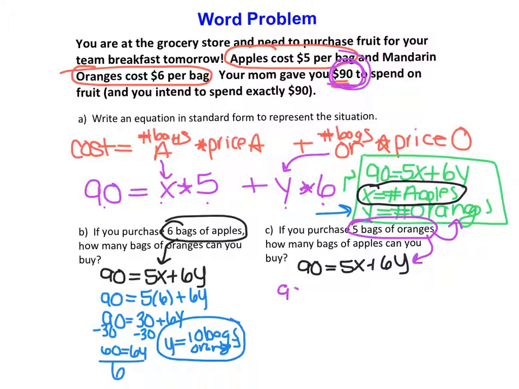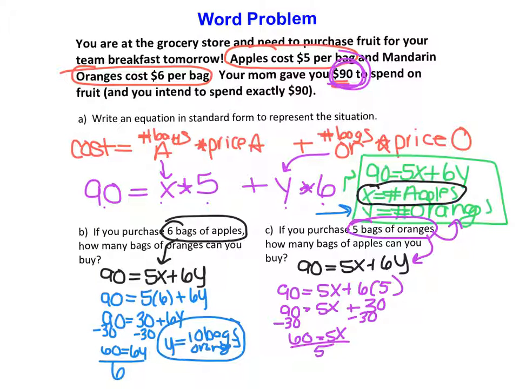So here we have 90 is equal to 5x plus 6 times 5. So 90 is equal to 5x plus 30. Subtract 30, subtract 30. Here we have 60 is equal to 5x. Divide by 5.